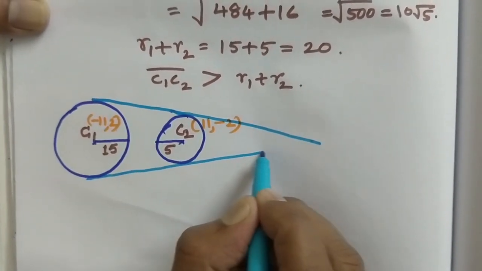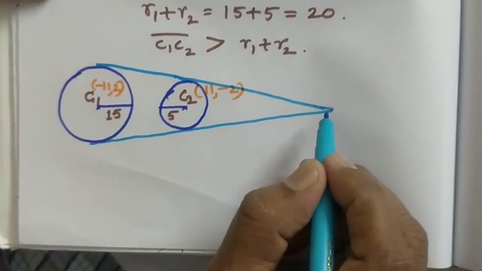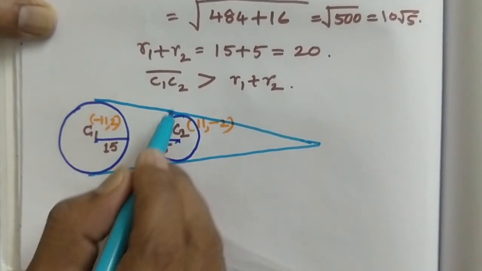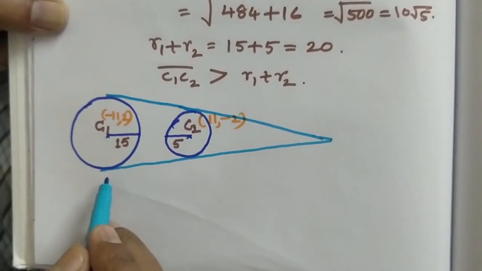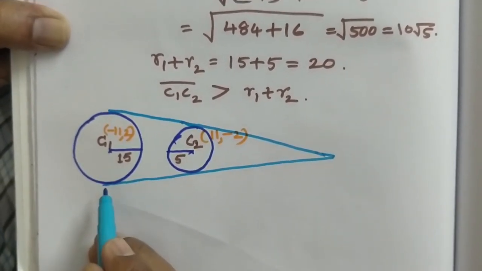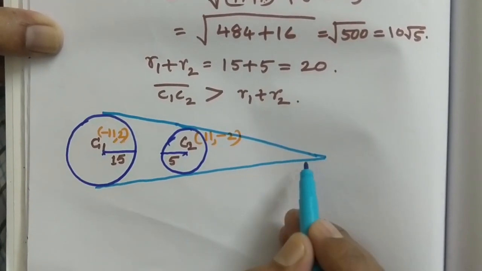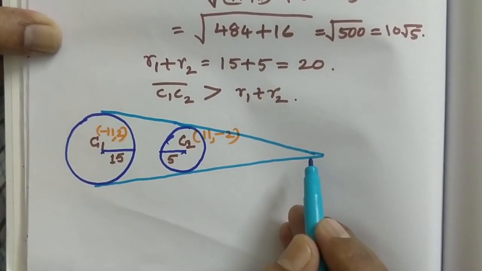These are the direct common tangents, and the other two, if you draw like this, are the transversal common tangents. But I want only the direct common tangents here, so I draw only direct common tangents.